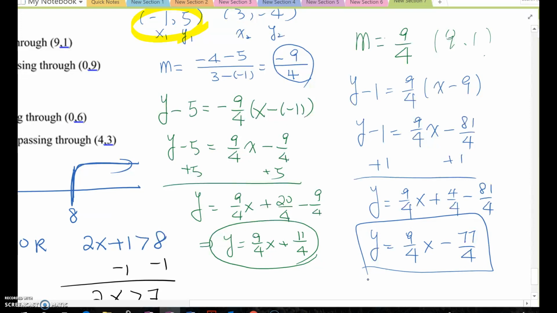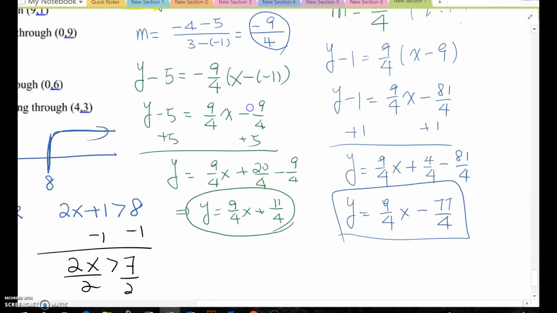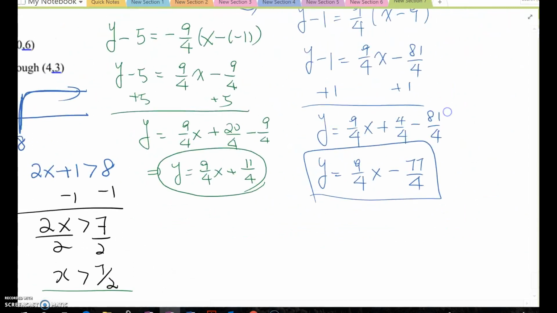Okay? Then now the C here: find the perpendicular to the line passing through 0 and 9. Okay, so what's the key concept of perpendicular lines? Yes, based on the given slope, the perpendicular line slope will be the opposite and reciprocal. Now we know the original slope was negative 9 over 4. Therefore, we can find out the perpendicular slope must be the opposite reciprocal, like this, right?